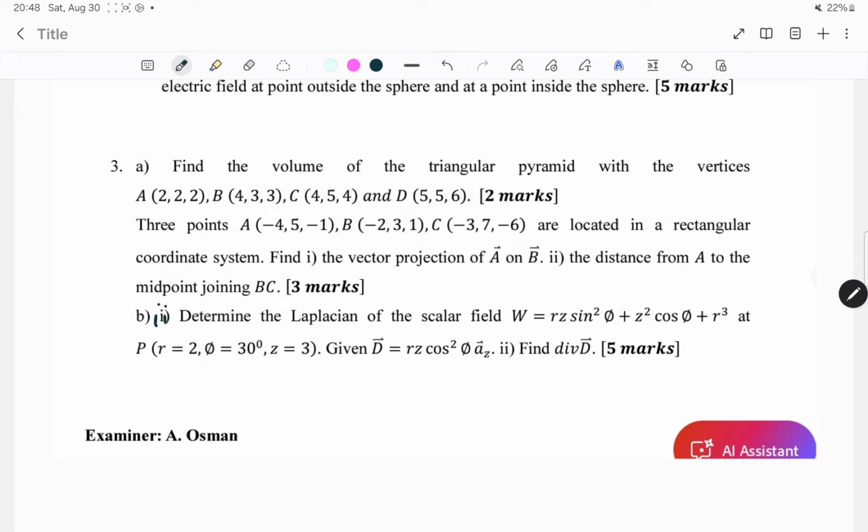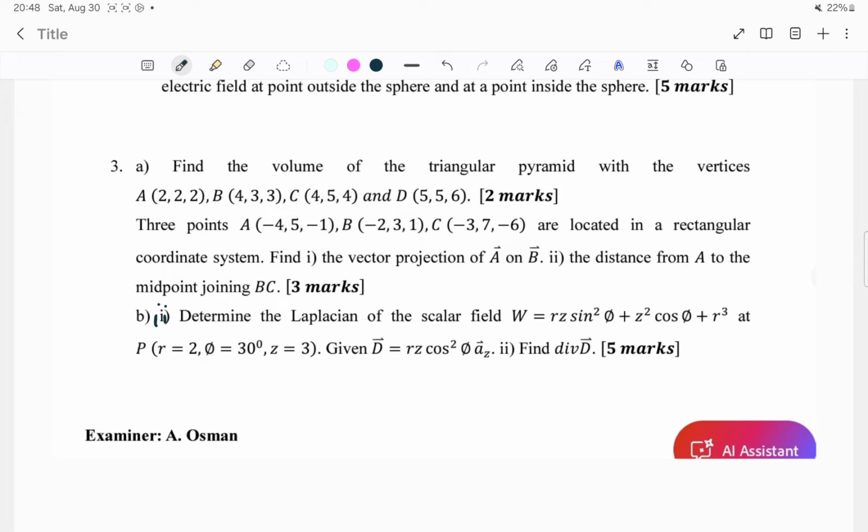Determine the Laplacian of the scalar field W equals RZ sine squared phi plus Z squared cos phi plus R raised to the power 3 at point P, where R equals 2, phi equals 30 degrees, Z equals 3.